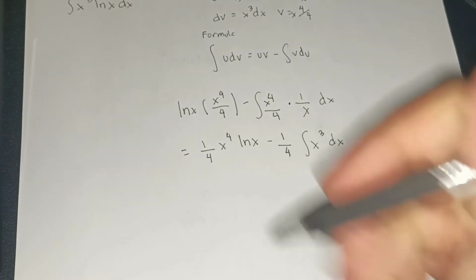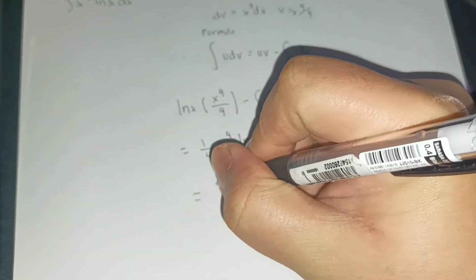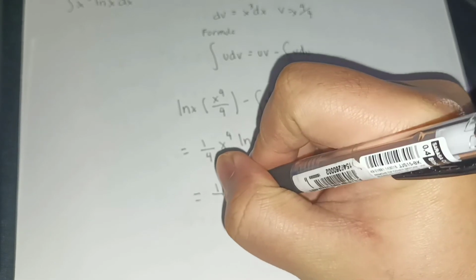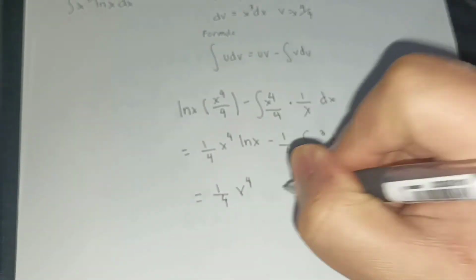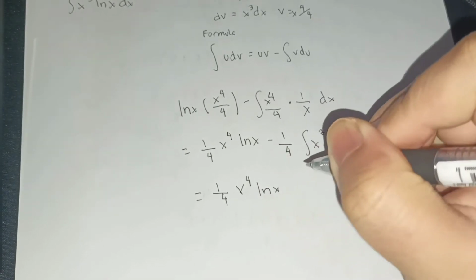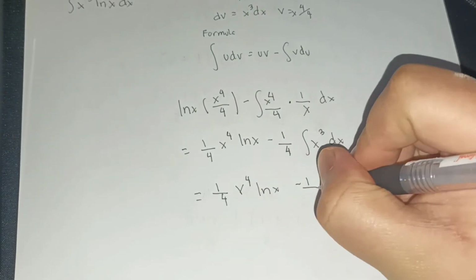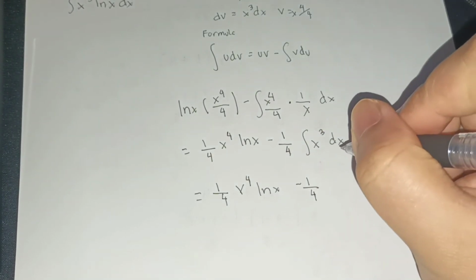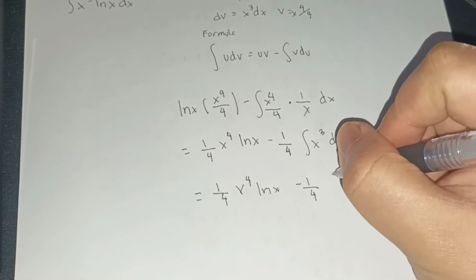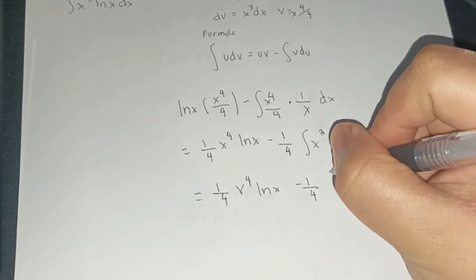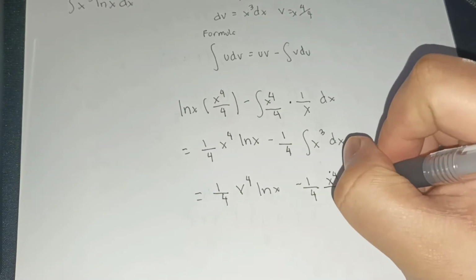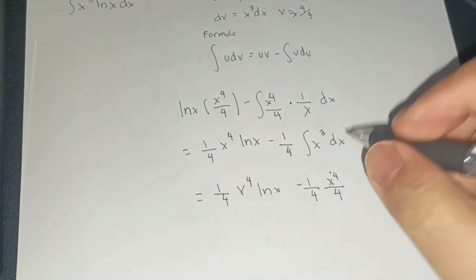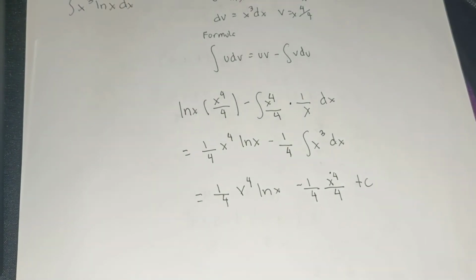So we just copy the other parts here, equals 1/4 x to the 4th power ln of x minus 1/4, and the integral of x cubed, which is x to the 4th power over 4, plus c.